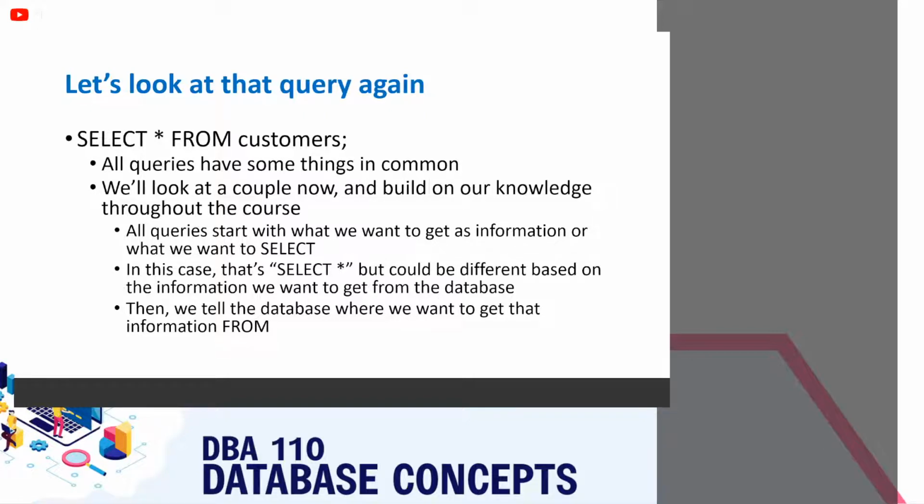So all of our queries have something in common. For now, we're starting slow and we're building. Everything that we want, to get as much information as we can, we're going to select star or select asterisk, right? That's going to give us everything. And then from there, we can tell our database where we want to get that information from.